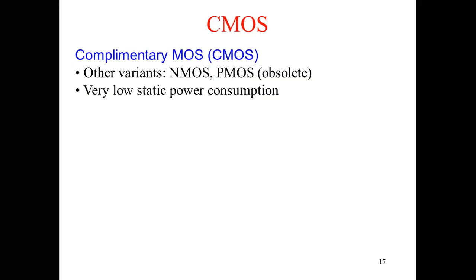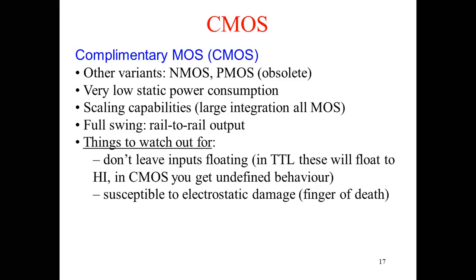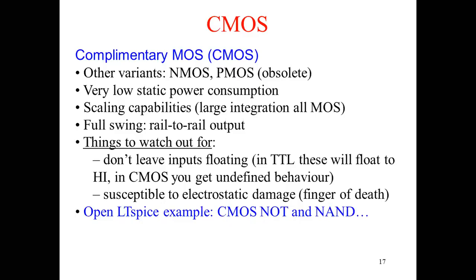It has very low static power consumption, scaling capability, large integration, meaning we have more transistors on a single IC when using MOS as compared to TTL. We get full swing, 0 means 0, 1 means 5 volt. Things to watch out for: don't leave inputs floating, and it is susceptible to electrostatic damage. Examples of CMOS are the NOT and NAND gates.